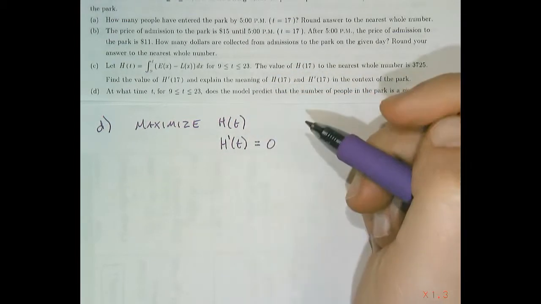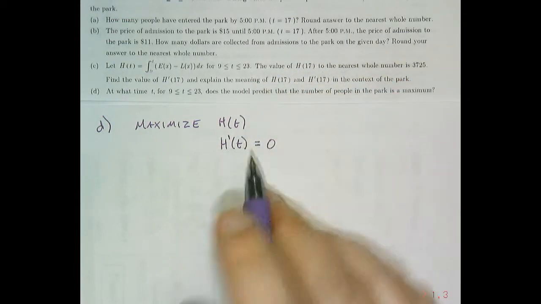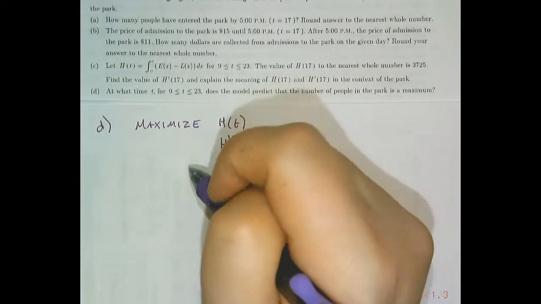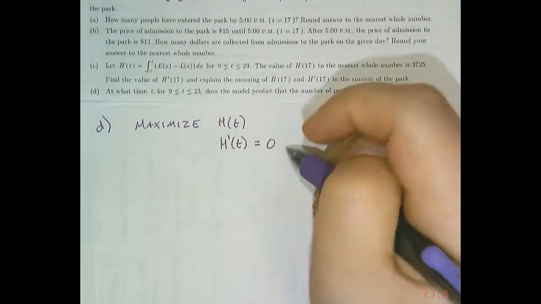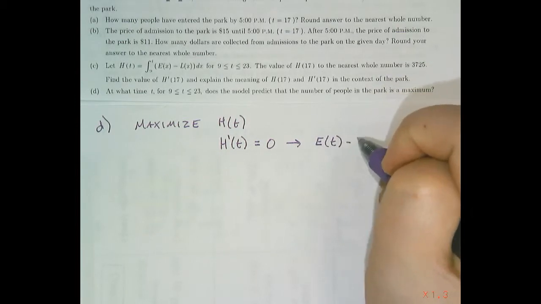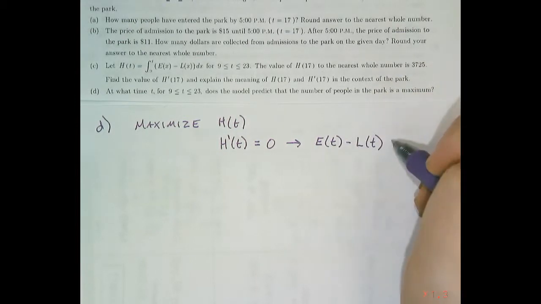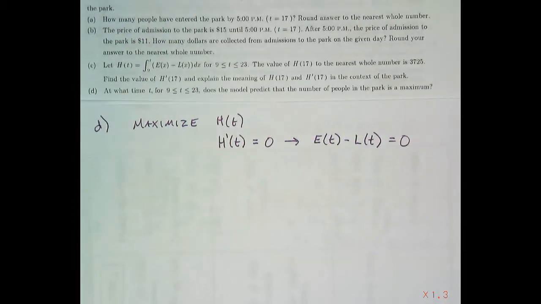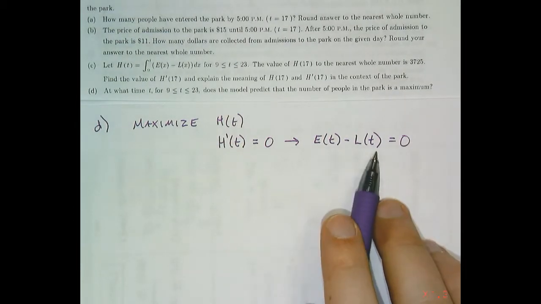When does h prime of t equal 0? In part C, we learned that h prime of t is the same thing as e of t minus L of t. So we're asking the question, when does e of t equal L of t?